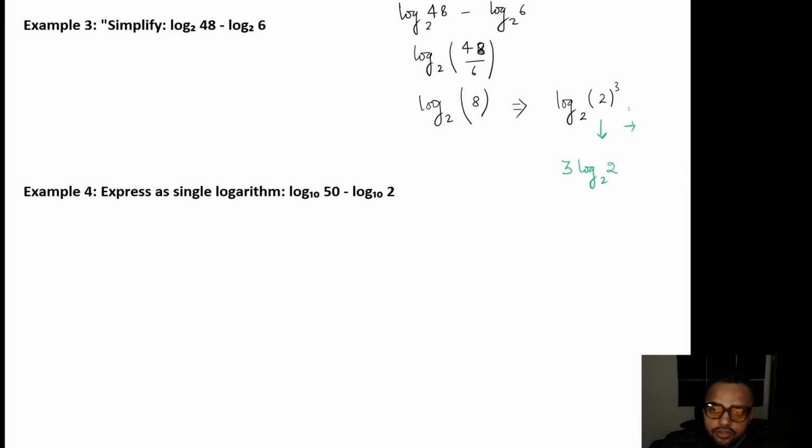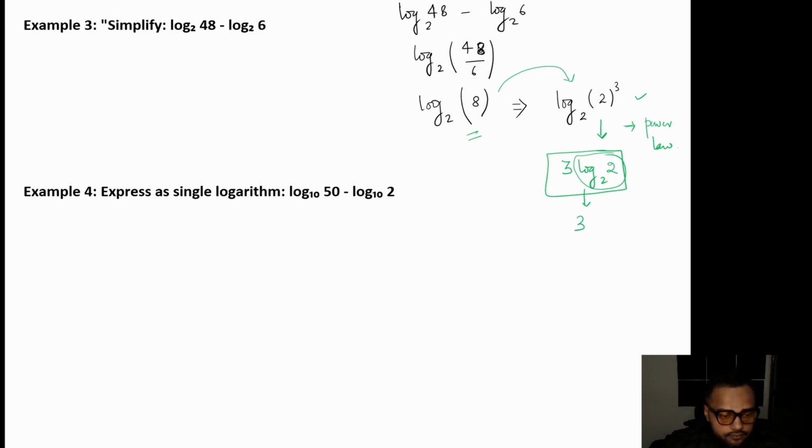I'll show you where I got this from, the power law, which is coming in the next slides. Since I have applied the power law, we get 3 log 2 base 2, and calculating further we get 3, because this is our special property: log a base a is 1, so the value will be 3. I'll show it to you in the further slides.